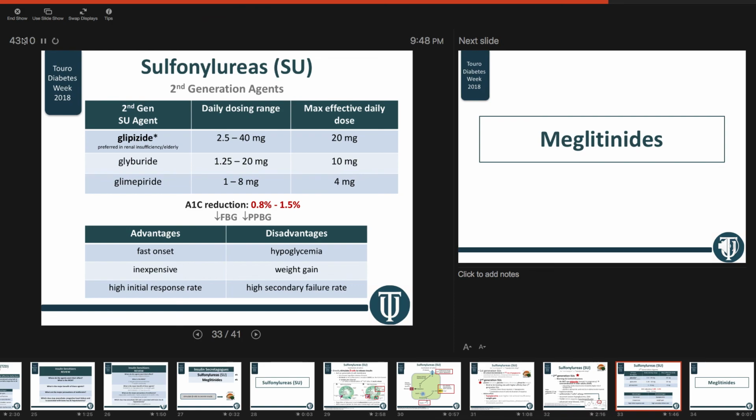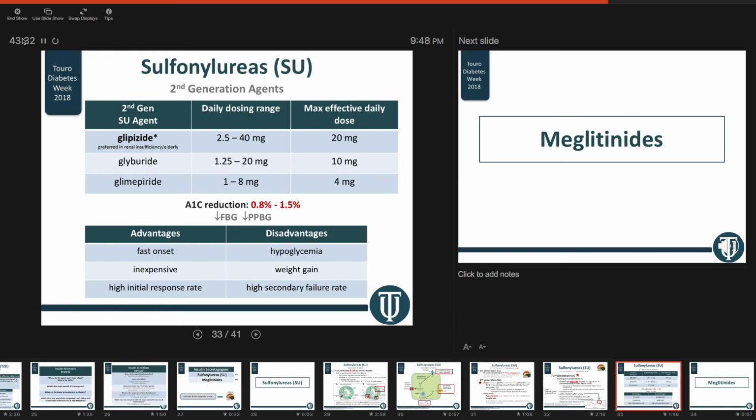In terms of dosing, in a nutshell, what you see here is the daily dosing: for glipizide the max dose is 40, for glyburide the max dose is 20, and for glimepiride the max is 8.